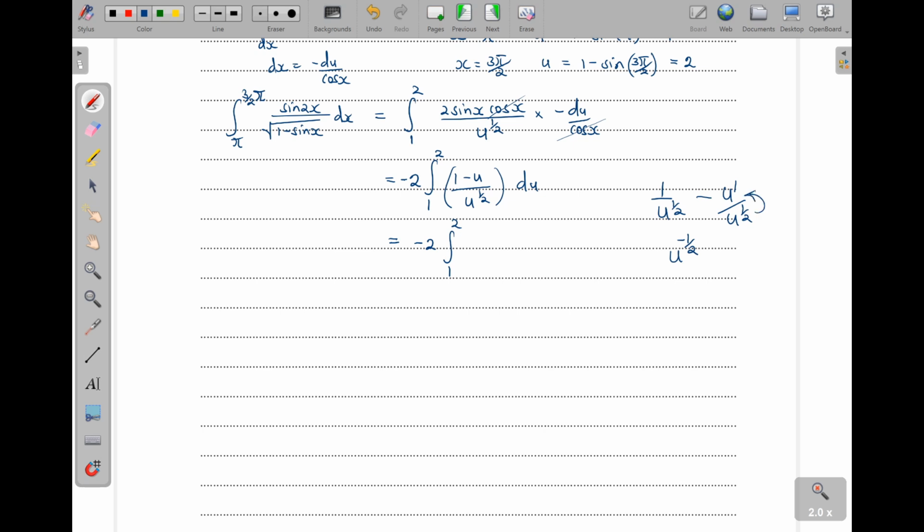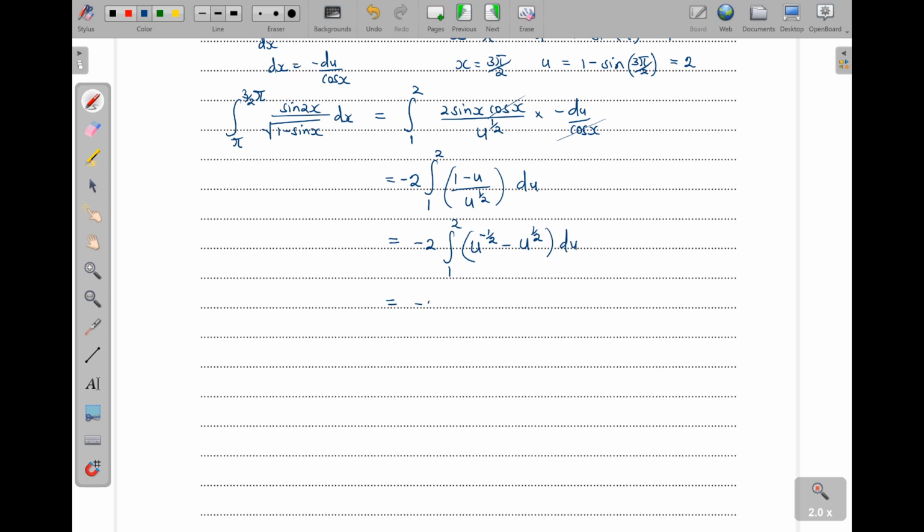Take this one up here, it will be 1 minus a half, and that will be u power a half. You see that? So I will have here my u power negative a half, then minus u power a half with respect to u.